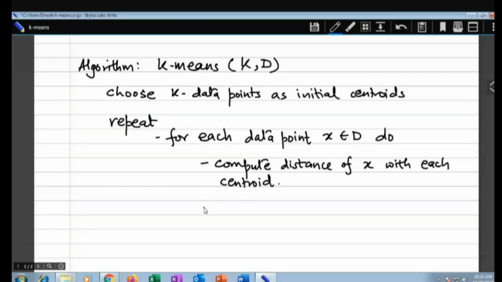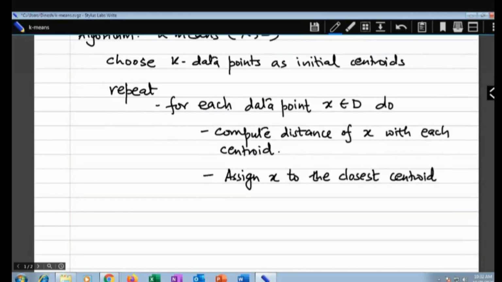Let's say if you have three centroids, you will compute three different distances of that particular point with the three centroids. Ultimately, after computing, you will assign x to the closest centroid. You will do this for all data points, and then I'll write end for to denote that this is one loop.